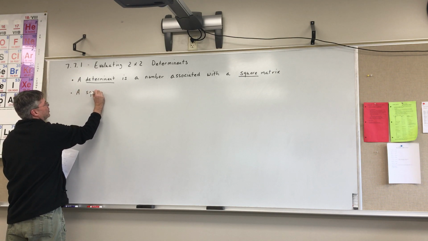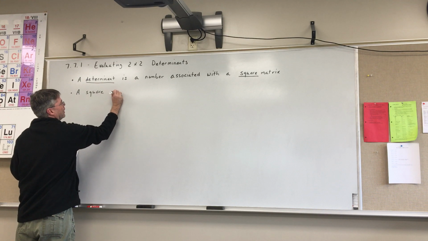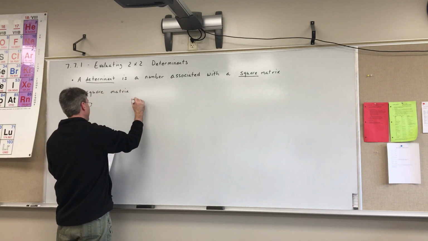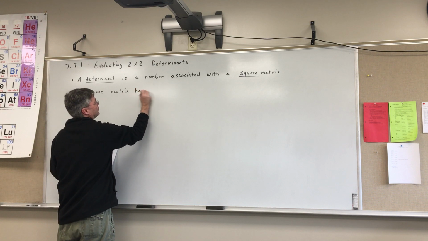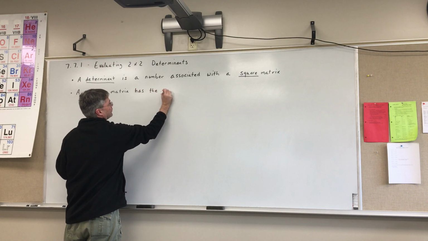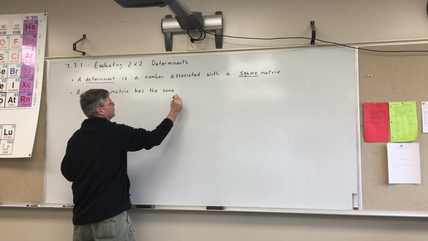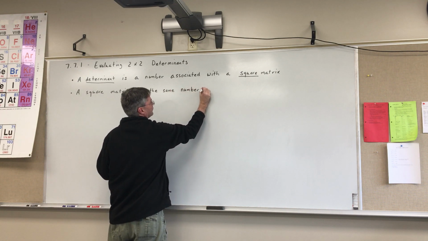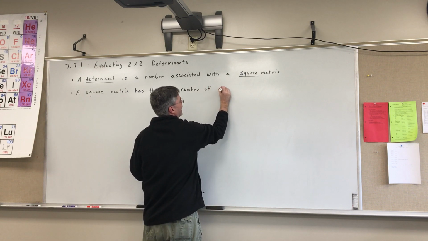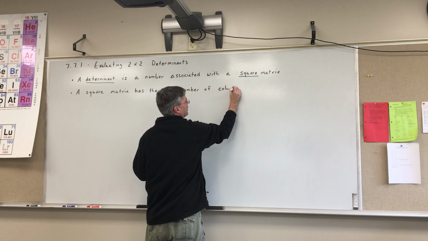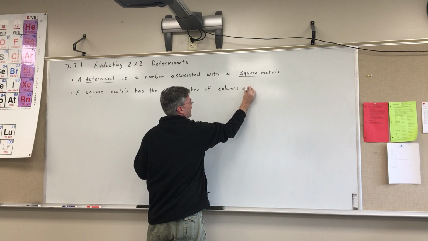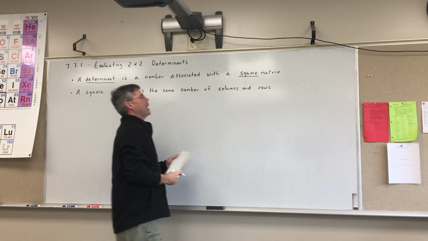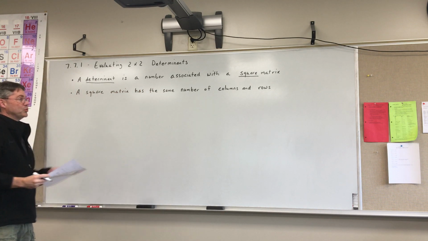A square matrix has the same number of columns and rows. So 2 columns, 2 rows, 3 columns, 3 rows, etc.